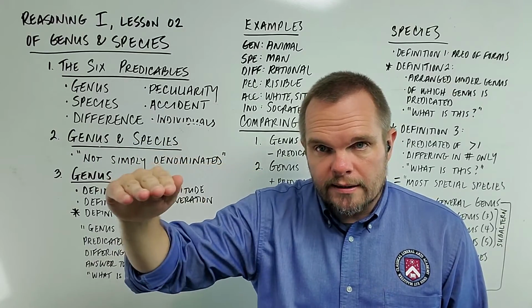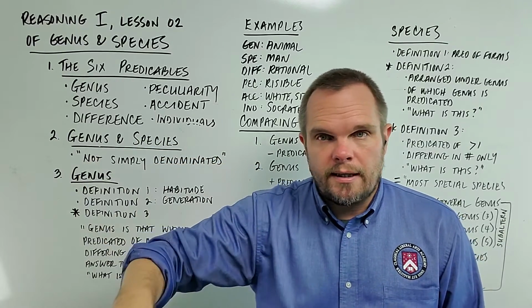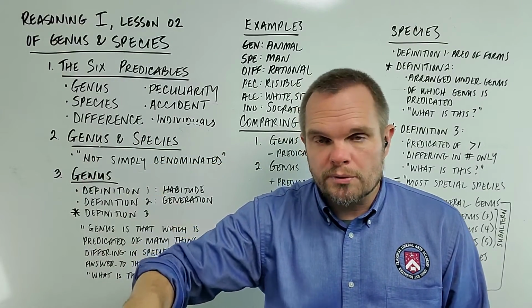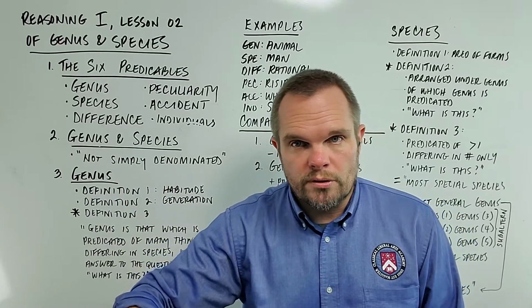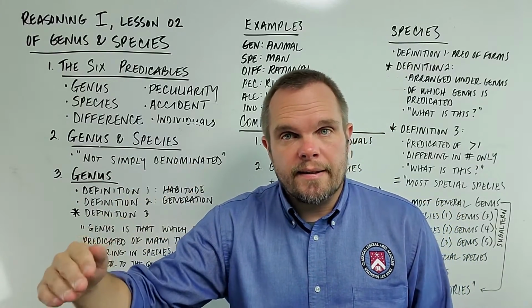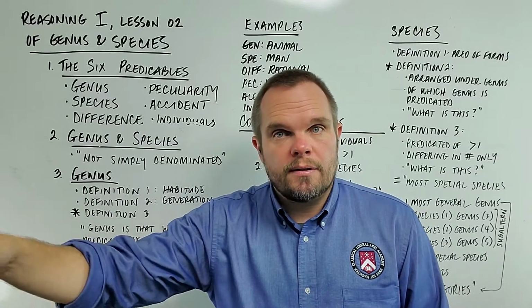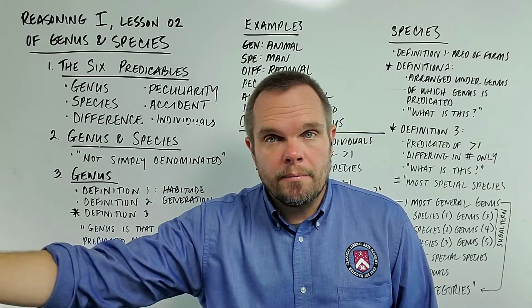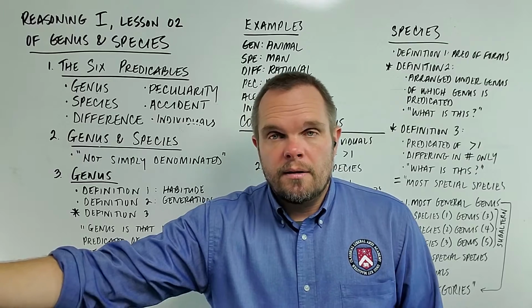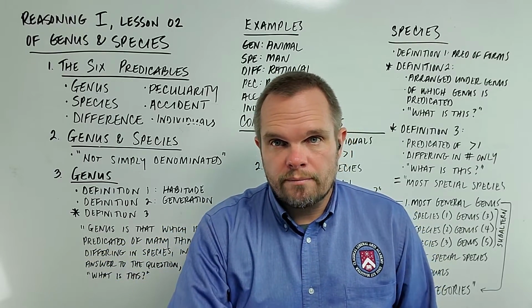That first class is species. It doesn't contain any other species or any other groups. It only contains individuals. So you can only say that an individual is a species. You can only name a species as a predicate for an individual. Okay?